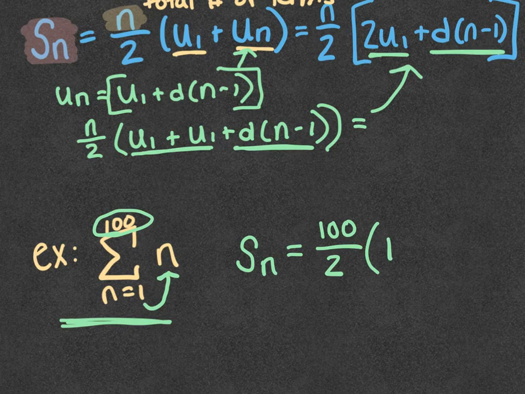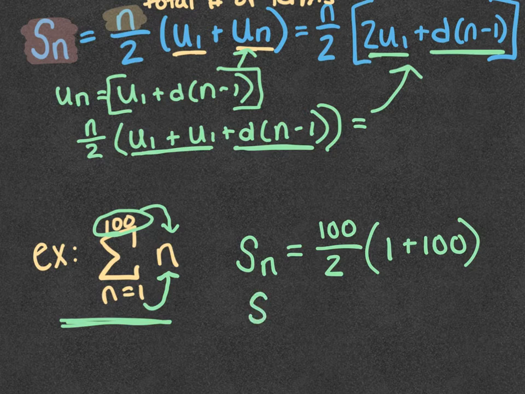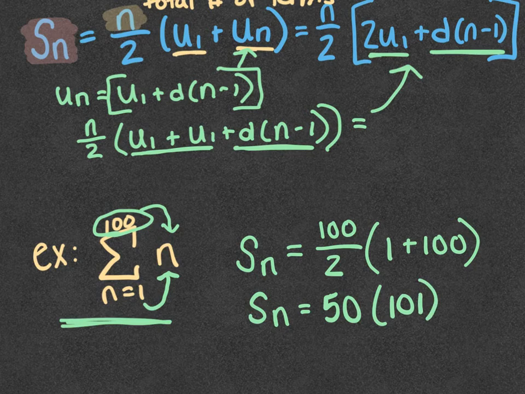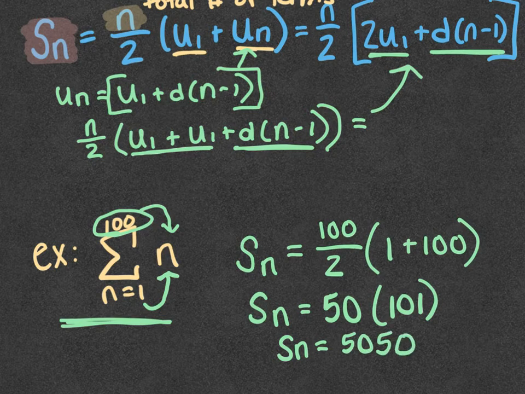And then my last term would be by plugging in my top number, so my last term would be 100. So that means the sum of this series would be 50 times 101, which should look really familiar. And that comes out to 5,050, like we discovered before.